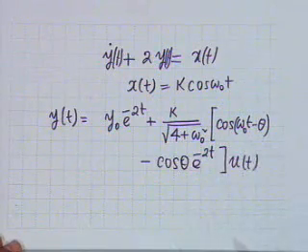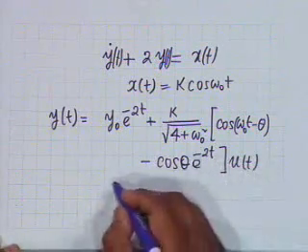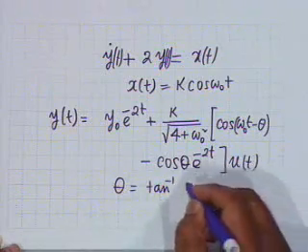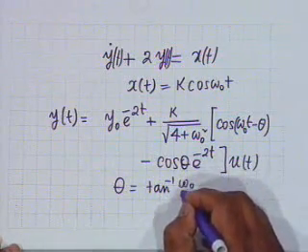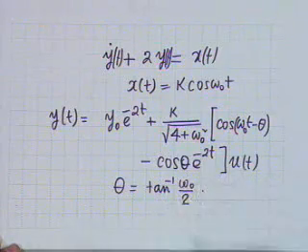Is that correct? Where theta is tan inverse, what was it? Omega 0 divided by 2. Is that correct? Theta is this.